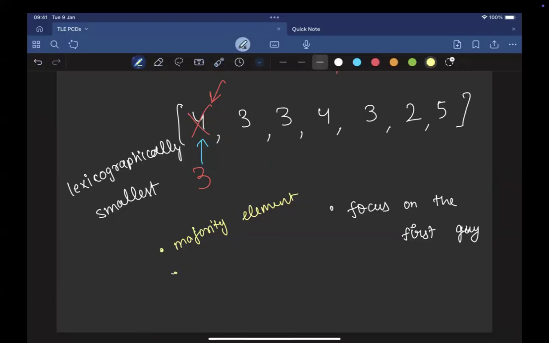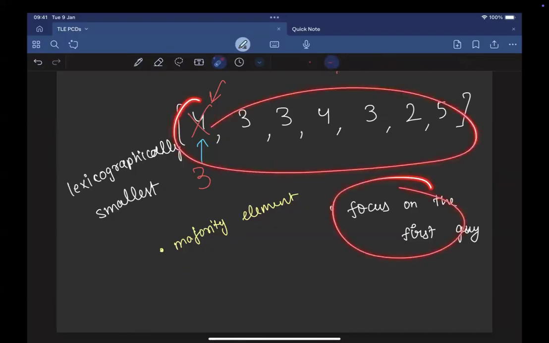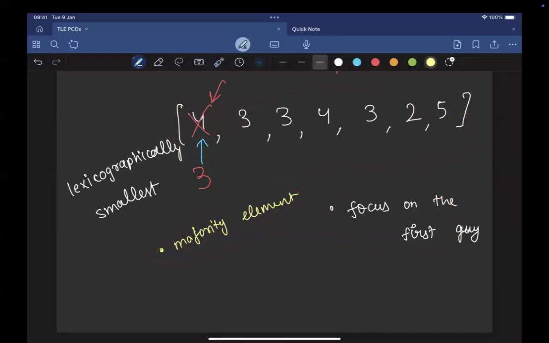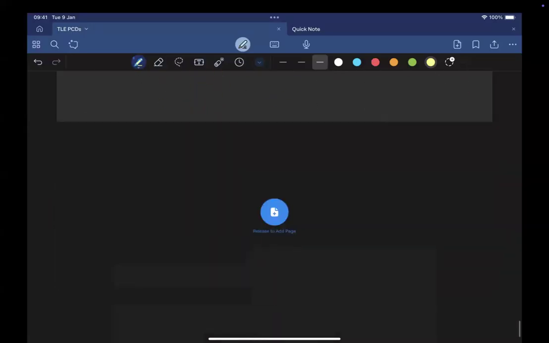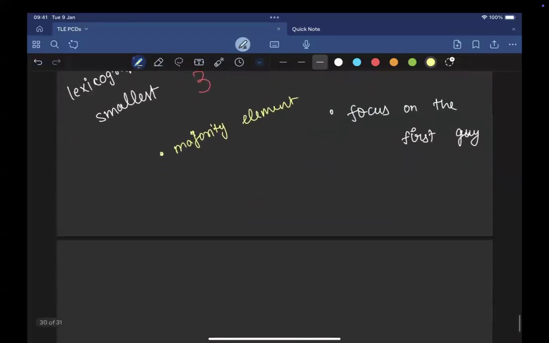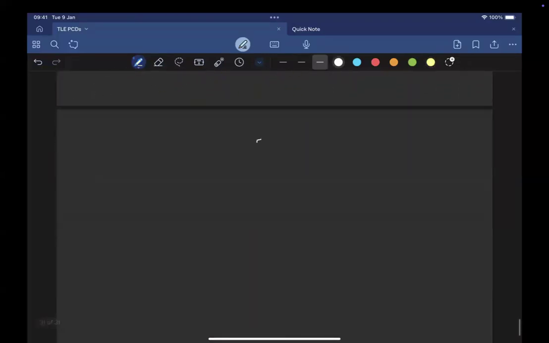I just thought this in my mind and started to think about this idea forward: let's say I have some way of finding the smallest guy who is a majority element, then what will I do? The idea is pretty simple in this case. I would like to go from left to right, since making the leftmost element smaller is the first priority.